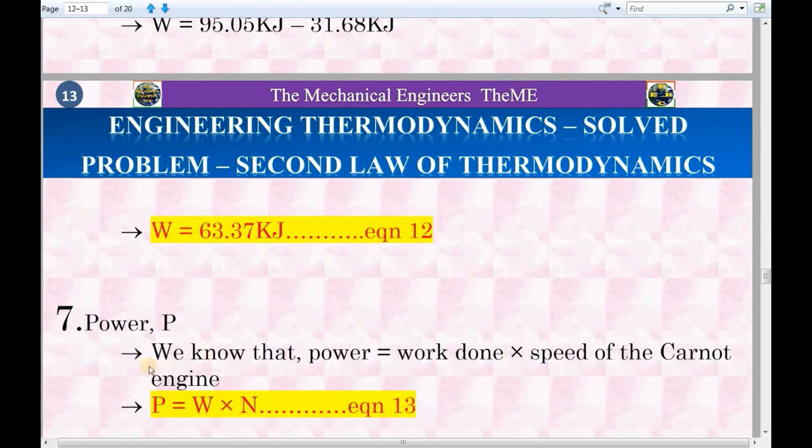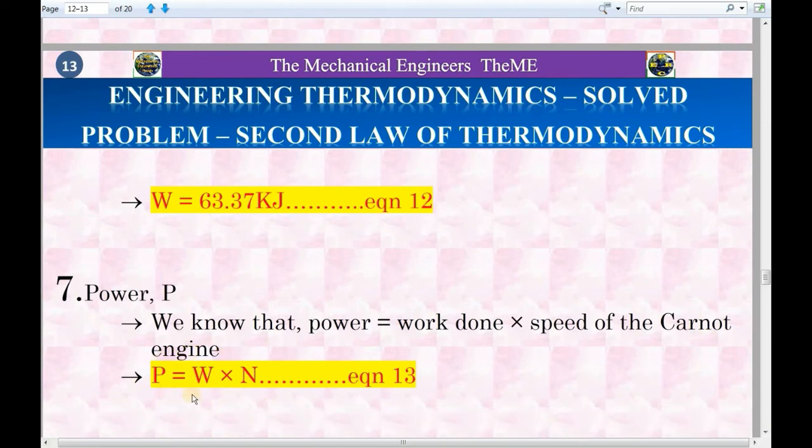Next, we will find the value of power, which is taken as P. The formula for power of Carnot engine is power is equal to work done into speed of the Carnot engine. That is, P is equal to W into N. Consider this one as equation 13.